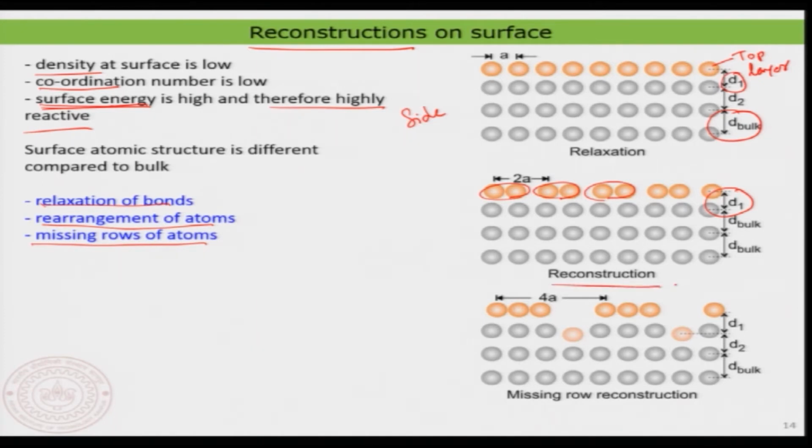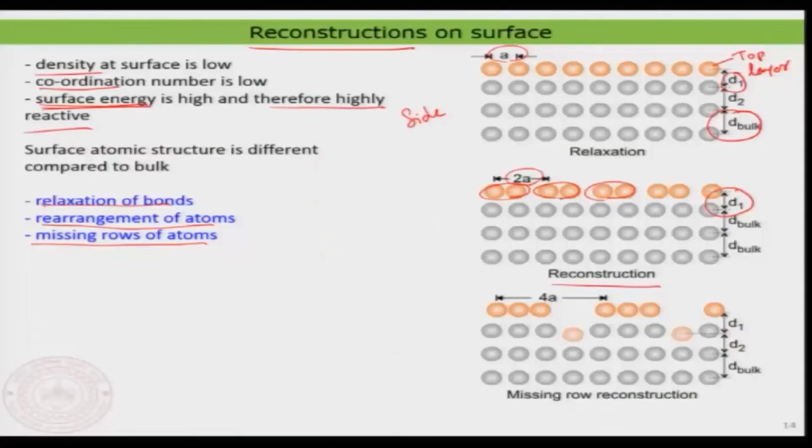This is typically known as reconstruction, where you rearrange the atoms on the surface. The interesting thing you have to note here is that now the periodicity of the surface is not A anymore, it is 2A, because two atoms are making a pair, and therefore the periodicity of the surface is going to be 2A in this case, compared to an ideal case where it is just A.